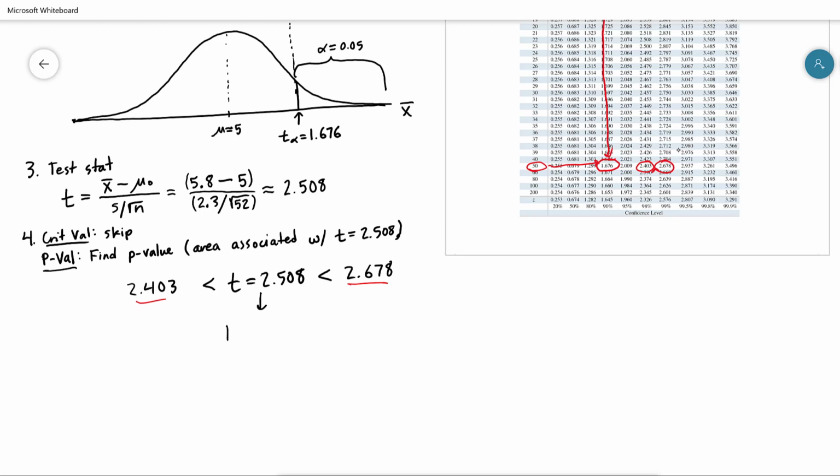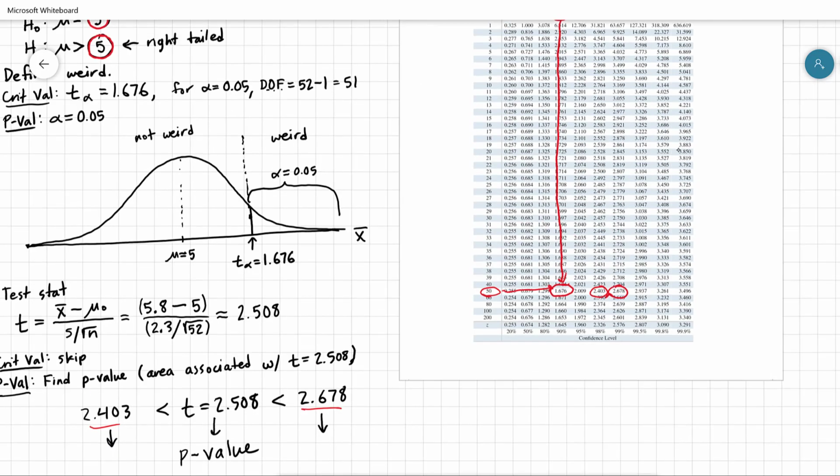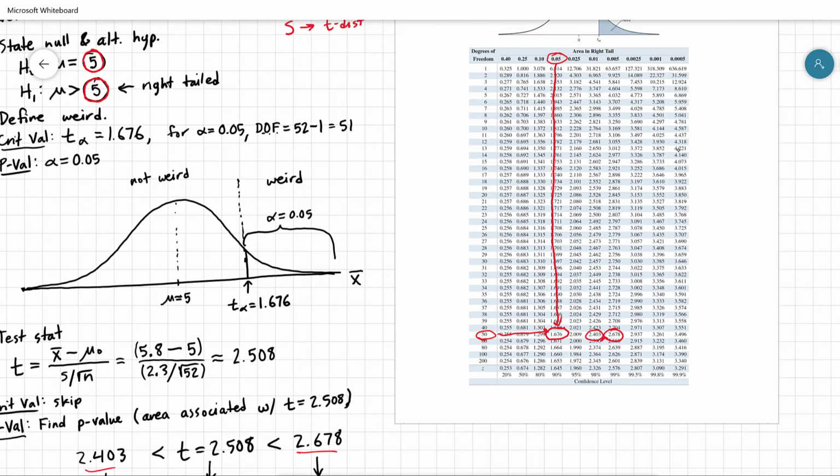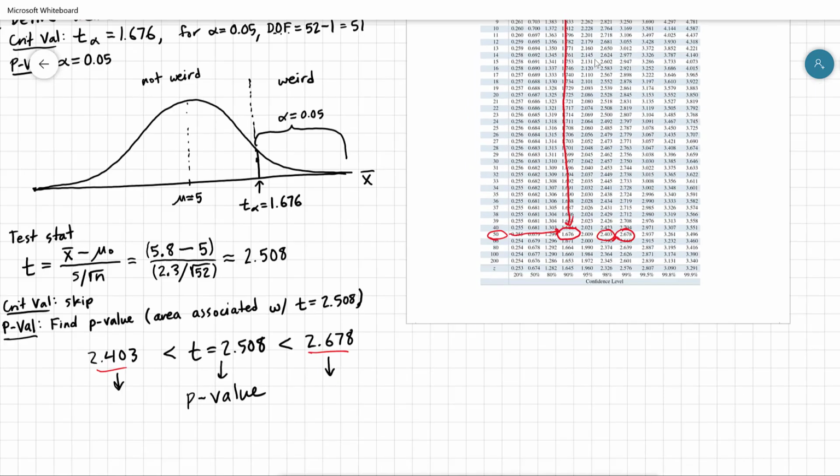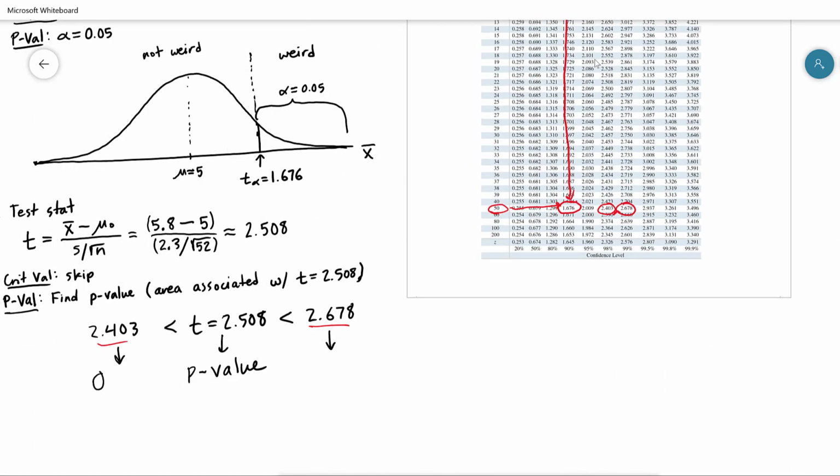That tells me that the p-value, which is the area associated with our 2.508, must be between the two areas associated with these two numbers. And so if I go back to the table, we mentioned them a minute ago, the area associated with the 2.403, tracing up to the top, is 0.01. So this number over here is 0.01.